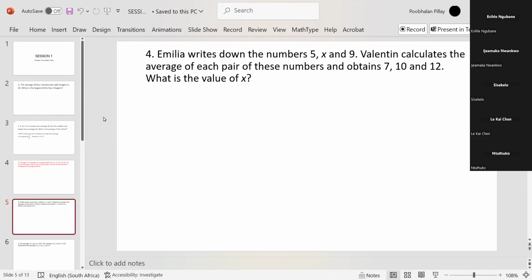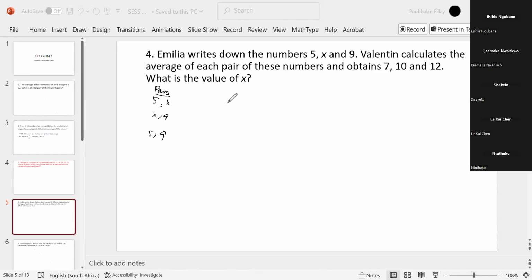So this problem tells you, let's understand it first, that there are 3 numbers. She calculates the average of each pair. The pairs are 5 and x, that's one pair. x and 9 is another pair. 5 and 9 is the third pair. So there are only 3 possible pairs.